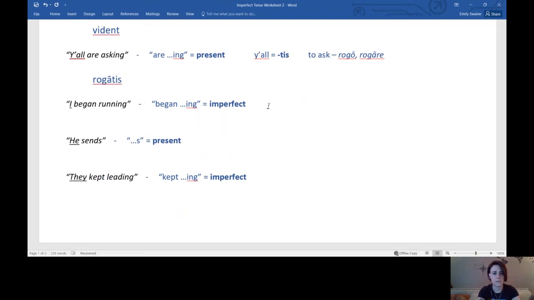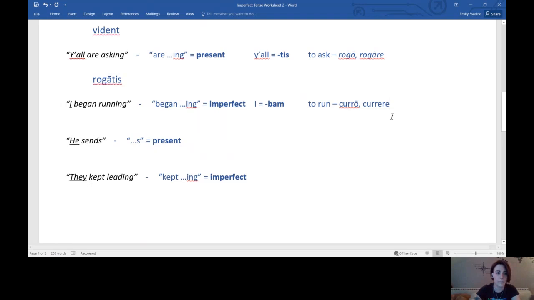All right, "I began running." Okay, it's imperfect right here, so we can put BA, and the I is going to be -bam. To run: curro, currere, with two R's, by the way, because if we only have one R here, it means to care for.